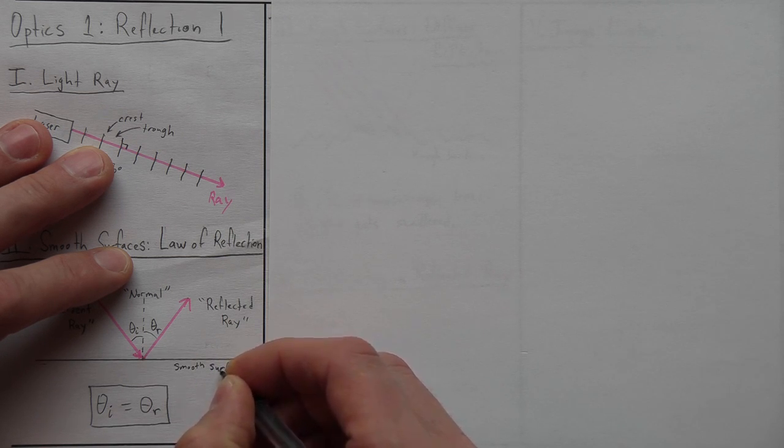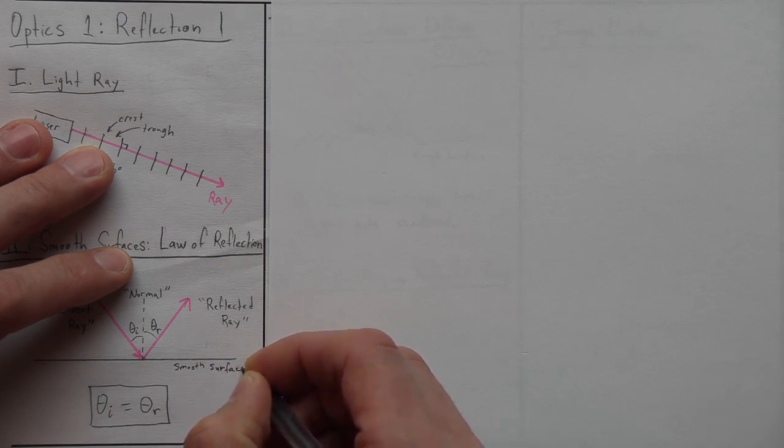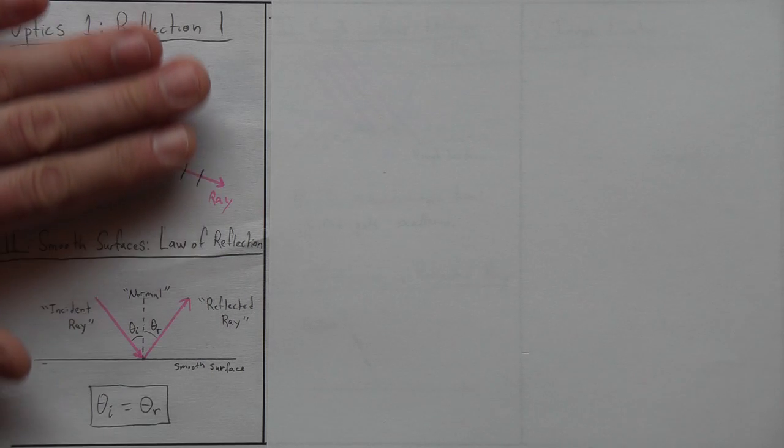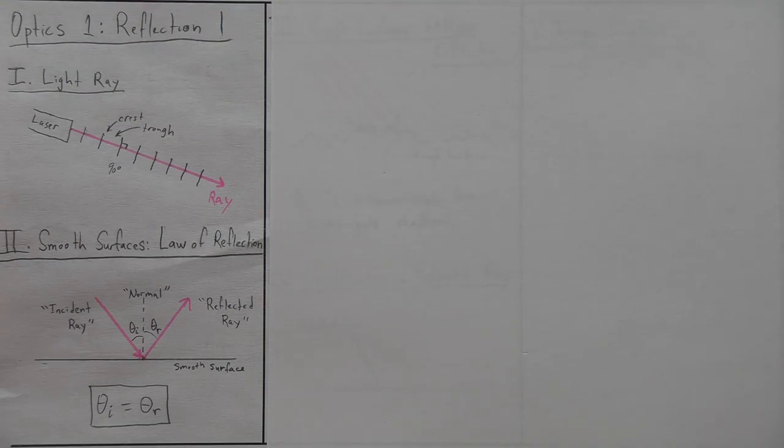And that can be obviously a mirror made of glass, very smooth when you rub your hand over it, but it could also be any polished metal, or other things like smooth water on a still day. So any kind of smooth surface.